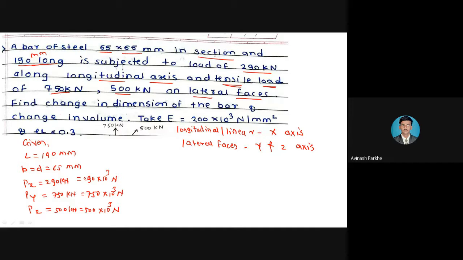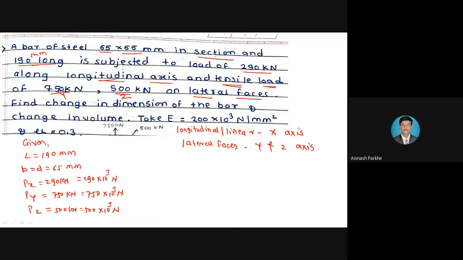Whatever 750 kilonewton is given, always consider this first value as Y, and the second, 500 kilonewton, as Z. Or sometimes the words X, Y, Z direction respectively are mentioned. We solved a problem related to that in yesterday's lecture. But here the longitudinal axis means the horizontal axis, so the force is applied in the x direction, and you have to consider that magnitude.